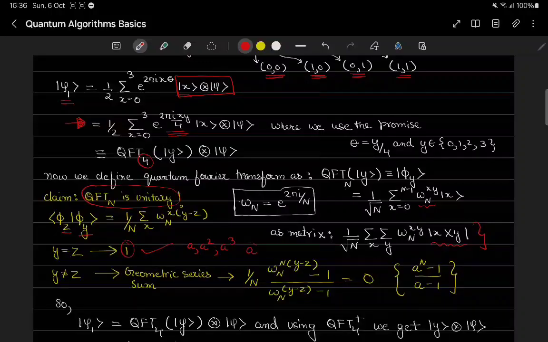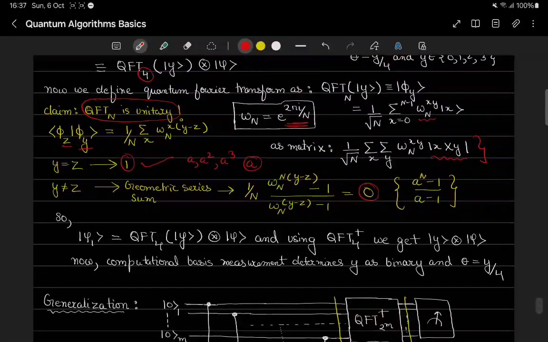So this a is of the form omega n power y minus z. So you have the sum as a power n minus 1 over a minus 1. But omega power n times y minus z will be 1, because omega is e power 2 pi i over n. So this is 0 basically. So what we have shown is the columns of the matrix are orthonormal, and so this matrix is a unitary transformation. It changes a basis set to another basis set.